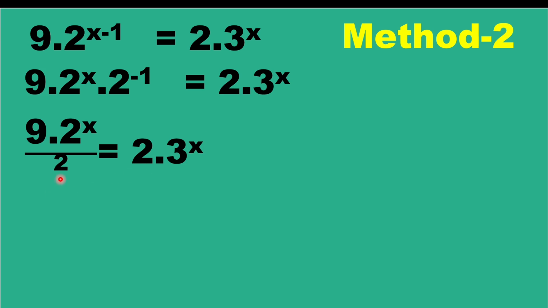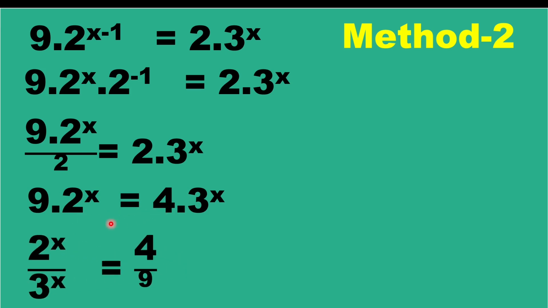In the next step we will multiply this 2 with this 2, so this will become 4, and then we will send this 3 power x here, so this will become 2 power x divided by 3 power x, and similarly we will send 9 over here, so it will become 4 divided by 9.